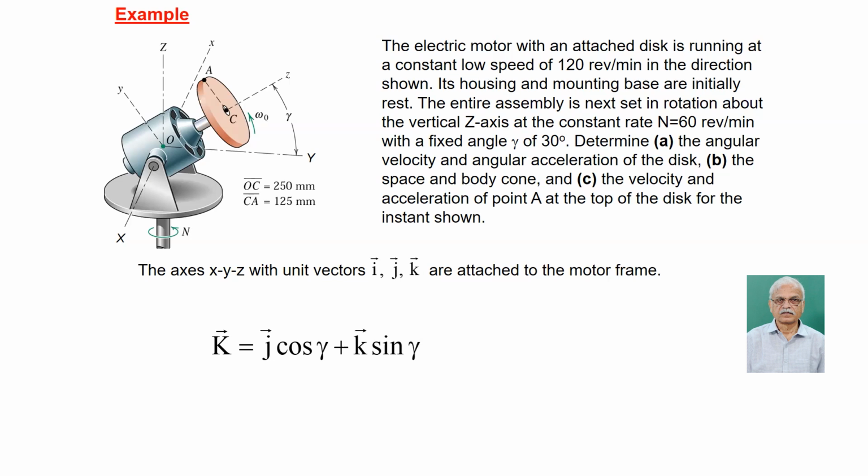So there is a motor which is rotating, which means its angular velocity is along small z. There is a big XYZ and a small XYZ. Big XYZ is usually horizontal X and Y, and big Z vertical. Here also we have chosen the Z axis vertical, so that the motor mounting is rotating with N about the vertical axis.